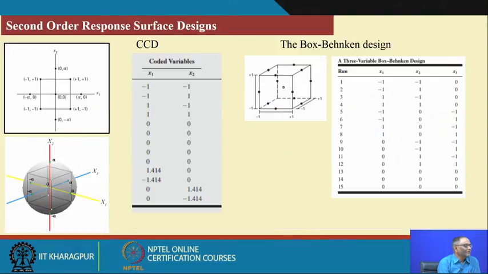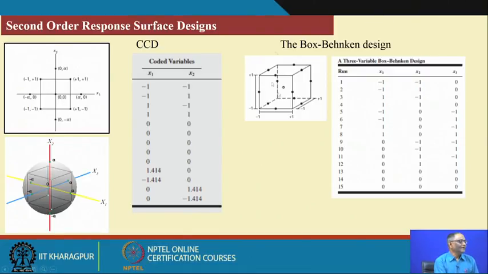Here the distinct points are 4 factorial points, 1 center point and 4 axial points. From this figure you see 8 plus the central point, so 9 unique points are there. We require 6 parameters to be estimated, so the number of observations is sufficient to estimate the parameters including errors.